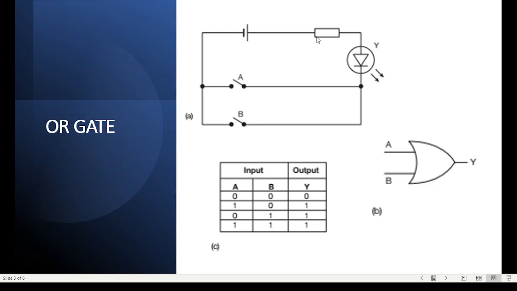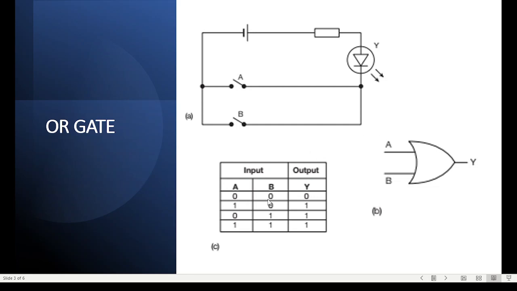And if I close B, with A being 0, meaning A is open and B closed meaning it's 1, then the current will take the path downstairs and then go up, complete the circuit. Now if all switches are closed, we have all ones and then the output is 1.